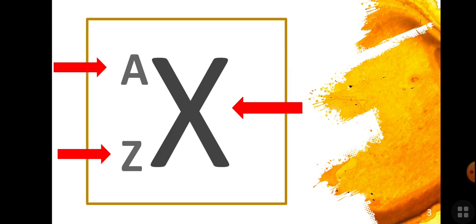And lastly, letter A represents the mass number of a certain element. Mass number is the combination of the number of protons and neutrons present in a certain element.